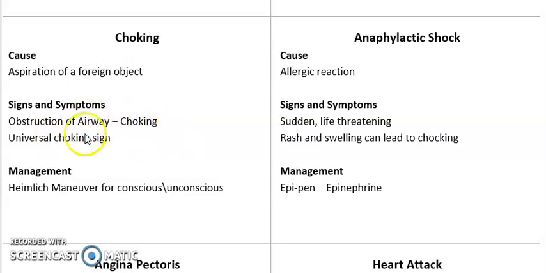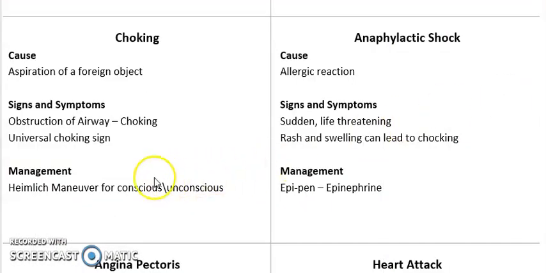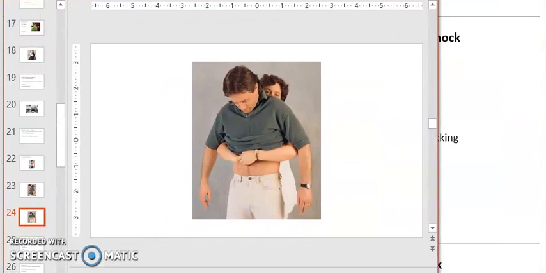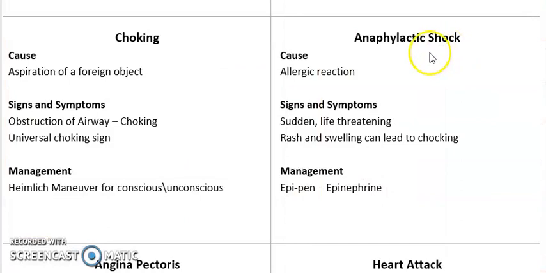Definitely the patient will be choking, and you'll notice them using the universal sign for choking. You can always ask them, are you choking? Then we can use the Heimlich maneuver, which most probably all of you have done when you did your CPR. So, standing behind the patient, wrapping our hands around them and pushing up to get the object out of their mouth.